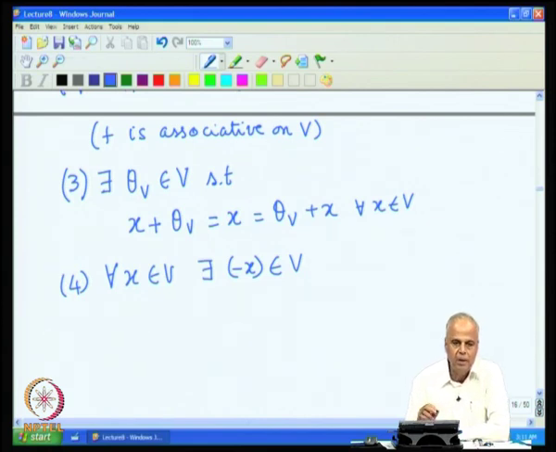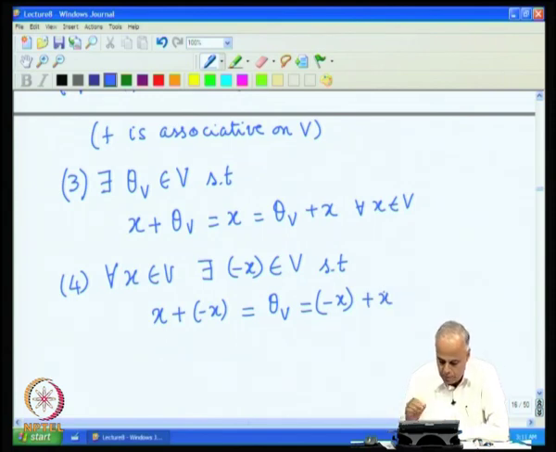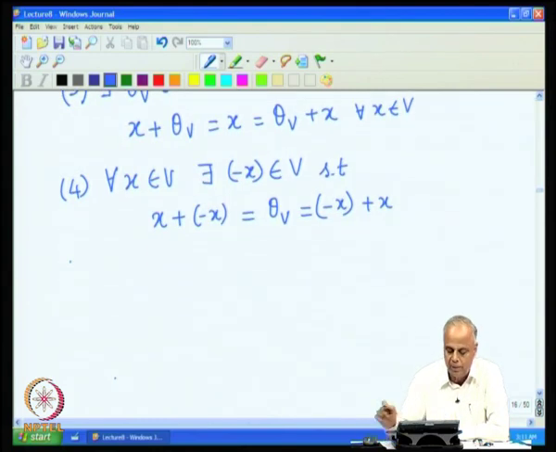Now, the negative of an element in V, we want it to be in V, such that when an element combines with its negative, it produces the 0. The 0 is now theta V, the role of 0 is played by theta V, so that minus x plus x equals theta V. These are the properties of plus that we demanded.